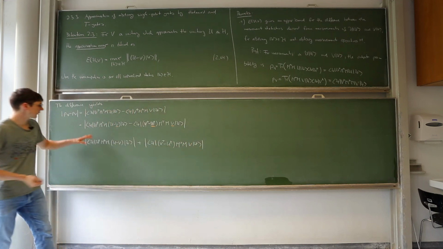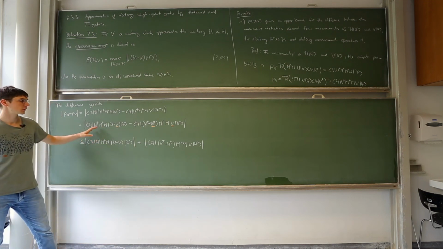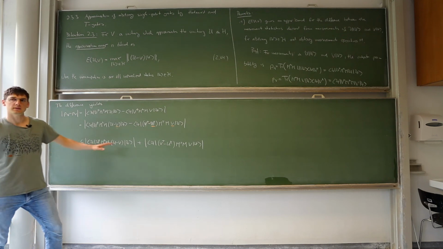Okay, so we simply split the modulus into these two parts, with the modulus of a plus b smaller or equal to the modulus of a plus the modulus of b.